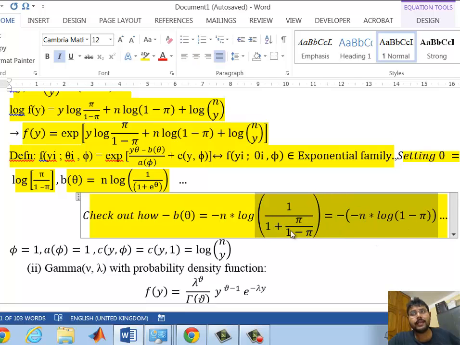This is actually backing out, so I make it minus n log of 1 minus pi, and then when it's log 1 minus pi, I can say it's 1 by 1 minus pi, which comes to, so if it's 1 by 1 minus pi, this is equal to 1 plus pi by 1 minus pi. Yeah, 1 by 1 minus pi is equal to 1 plus pi by 1 minus pi.